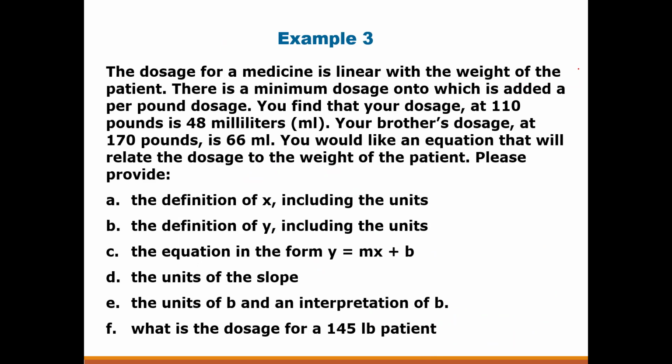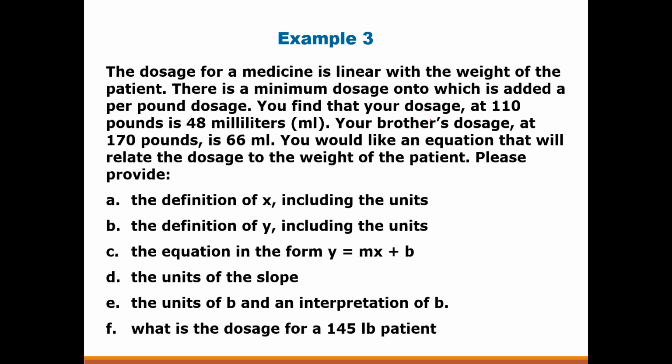Now let's look at example 3, the dosage problem. The dosage for medicine is linear with the weight of the patient. That's the minimum dosage to which is added a per-pound dosage. So you find that your dosage for a 110-pound patient is 48 milliliters. The dosage at 170 pounds is 66 milliliters.